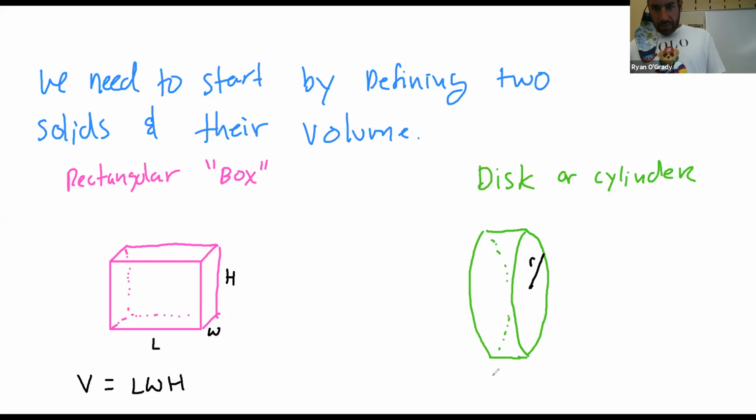Then there has to be some thickness, which for the sake of argument, let's call H again. And so what's the volume here? We are going to define it as pi times the radius squared, because that's the area of a circle, and then times its thickness, which is its height here, if you want to say it that way.